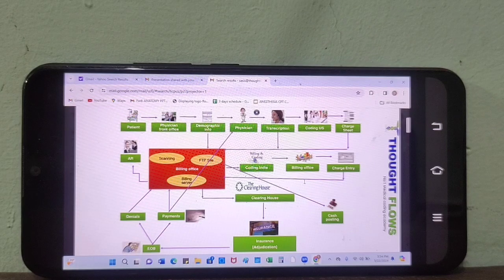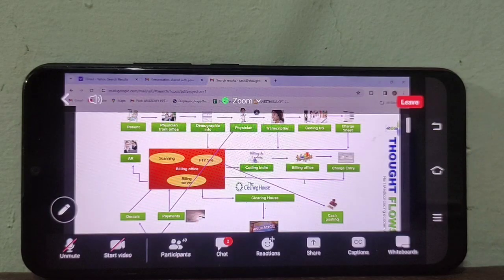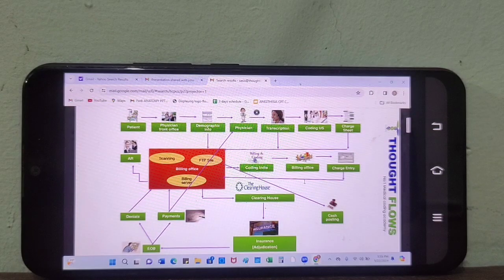Every piece of information is verified by the insurance company. That process is called adjudication. After that, they give an EOB, explanation of benefit, to the provider.